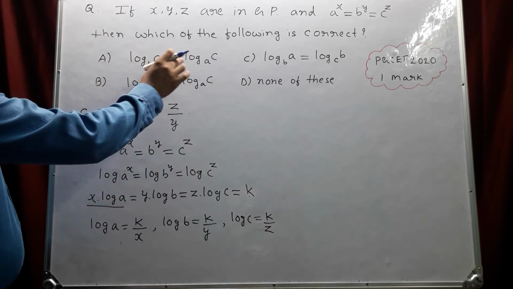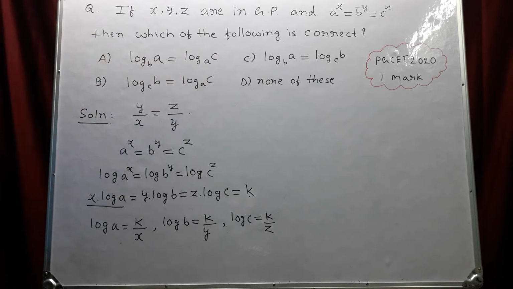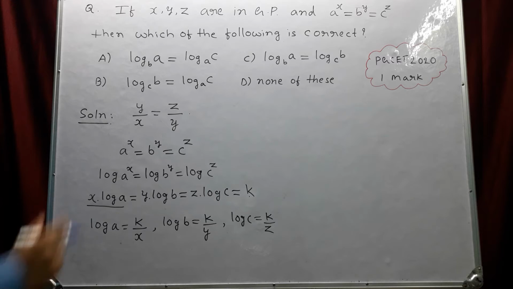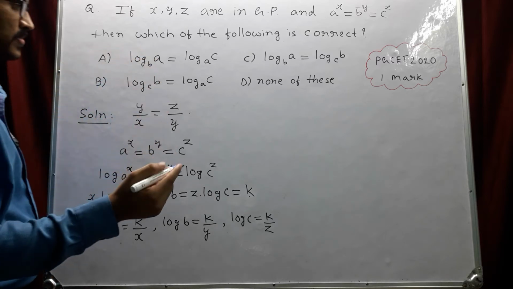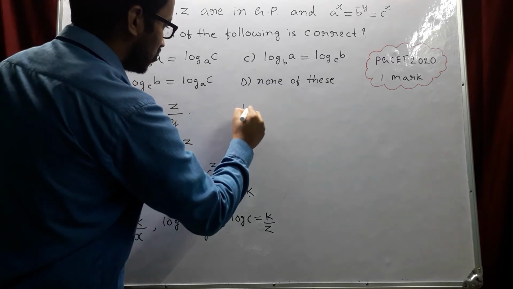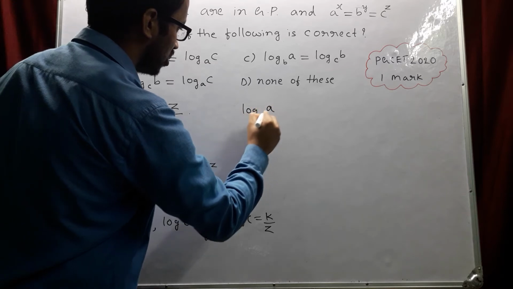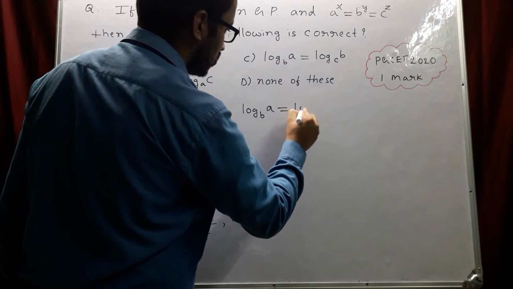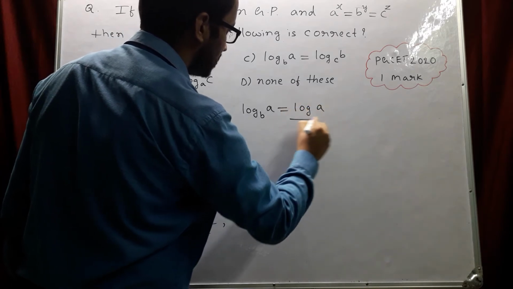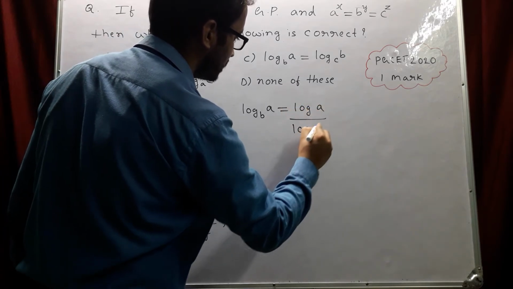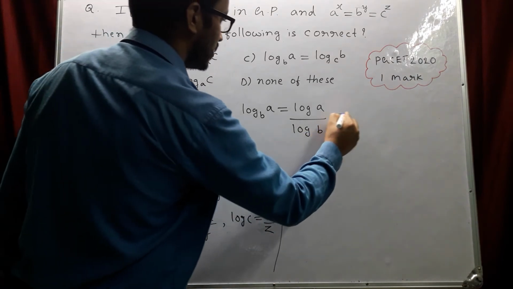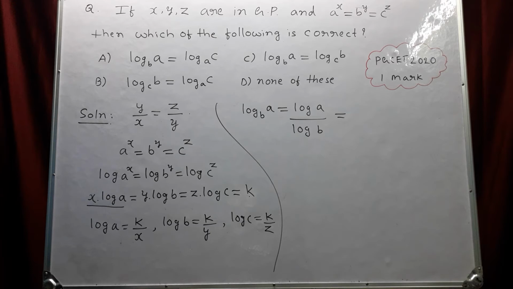Here we have to check which of the options is correct. See here, log a to the base b. How to get log a to the base b? Again we are using one more property: log a to the base b is the same as log a by log b. What is the value of log a?